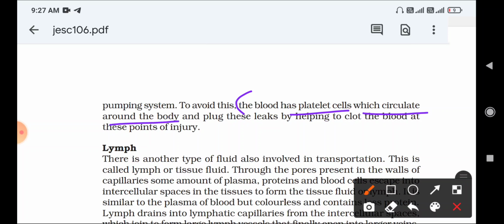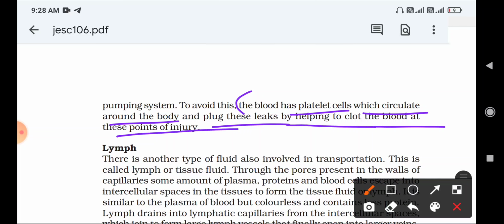They circulate around the body and plug the leaks where we are injured, where that part leaks blood. The platelets surround that part, plug the leaks, and help the blood to clot, and the blood leakage is stopped at the time of injury.